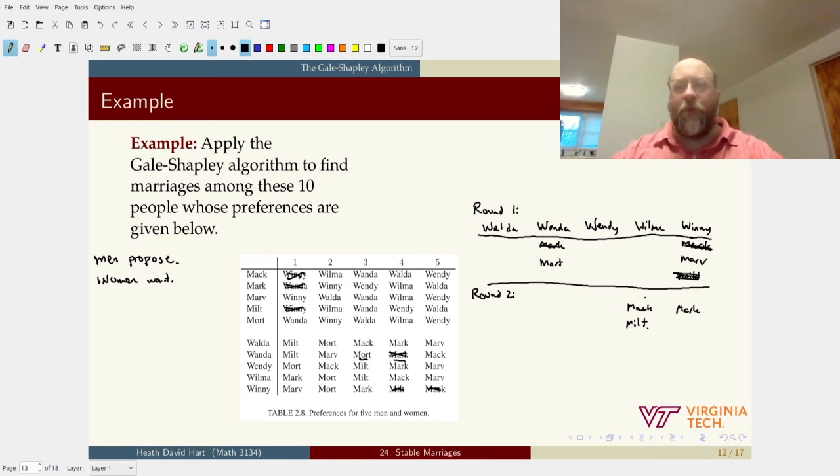Wilma has two people in front of her and has to make a choice between Mac and Milt. And so here's Wilma. Mac is her fourth choice. Milt is her third choice. So she is going to say maybe to Milt, hoping that maybe one of these other two gentlemen will ask her instead. But she's definitely going to say no to Mac. So Mac got rejected a second time and goes back to the stag pool.